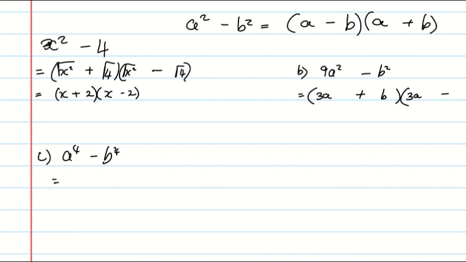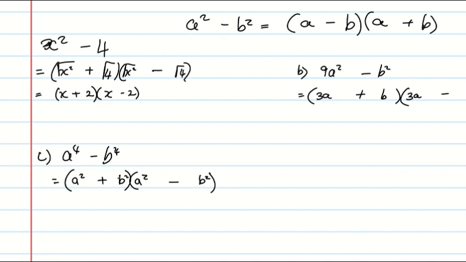This answer is going to be the square root of a to the power of 4, so that's going to be a squared, and then a squared in the second bracket, and the square root of b to the power of 4 is b squared and b squared. And then within the brackets, one is a plus and the other is a minus.